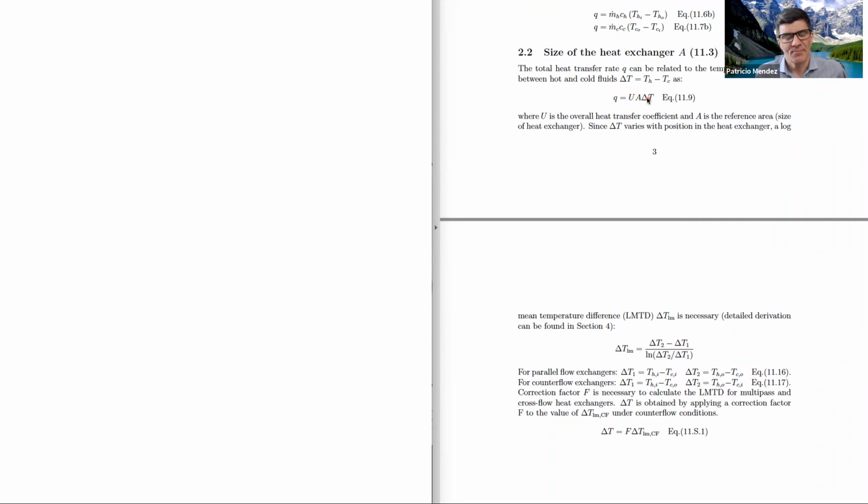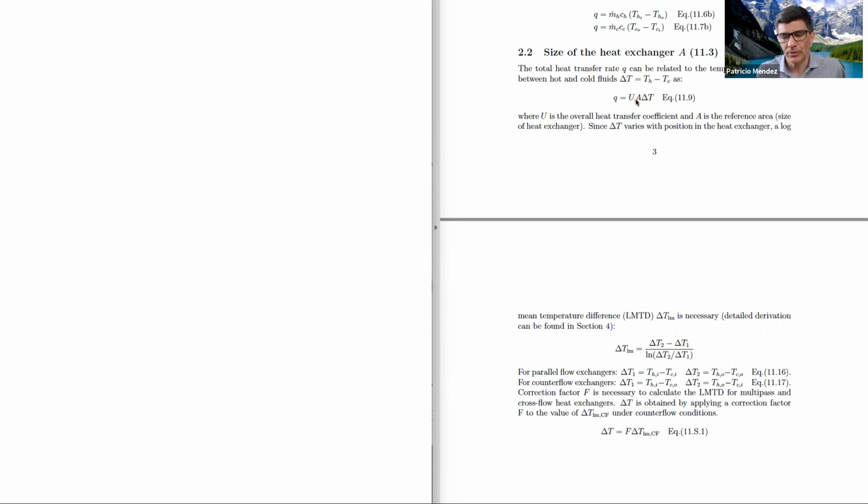This delta T is typically given by the design. You know the temperature of the fluids coming in, and you know what temperature at least one of the fluids has to come out. For example, if we need to cool down oil, right? So from here we can solve for the area.